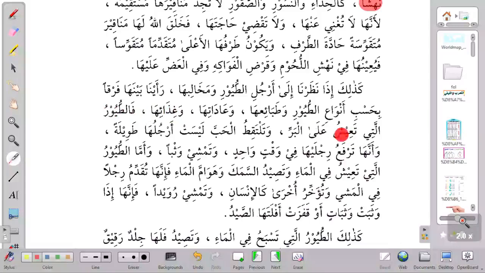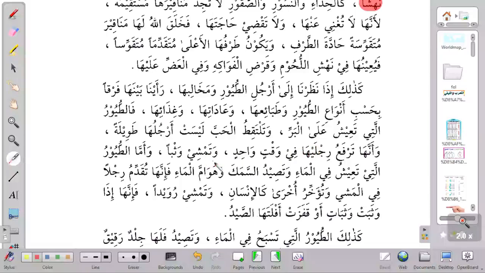Fatuyur allati ta'ishu ala al-barr, for the birds that live on the land. وتلتقط الحبة ليست أرجلها طويلة, and then they pick up grains; their legs are not long. وأنها ترفع رجليها في وقت واحد, and they raise their two legs at the same time. So they hop. When an animal is hopping, they raise their two legs at the same time.